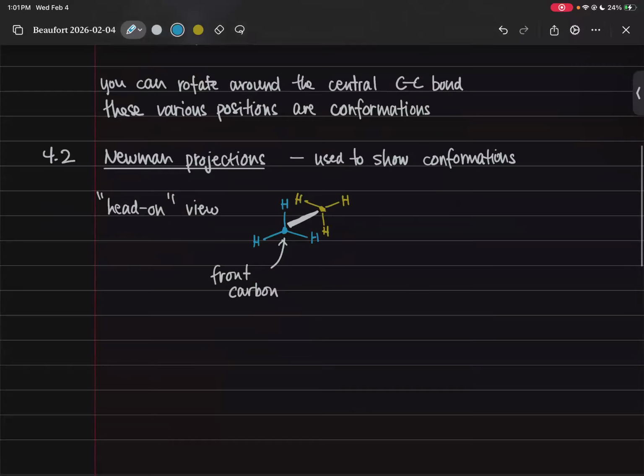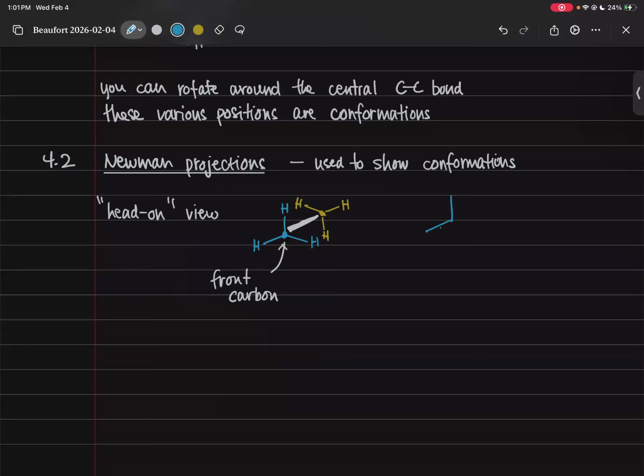So the front carbon is going to look just the same. You can draw a dot in the middle if you like, but it's not required. We're going to put them directly on top of each other, okay?